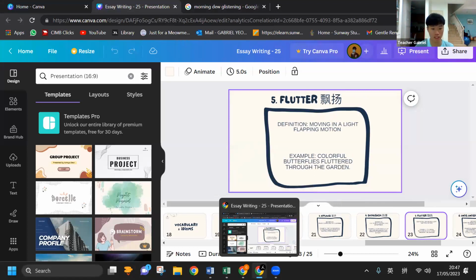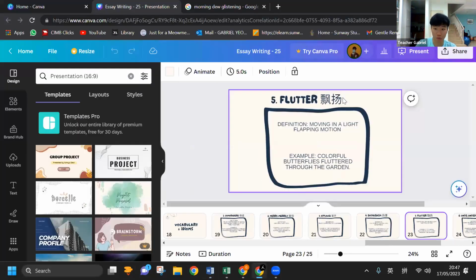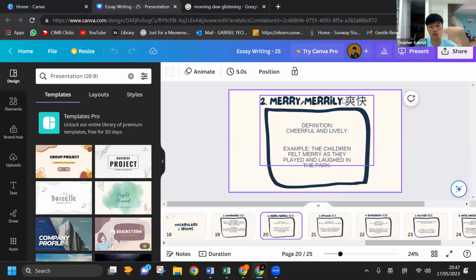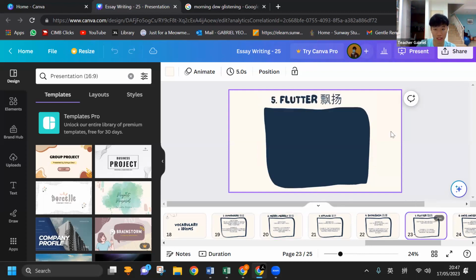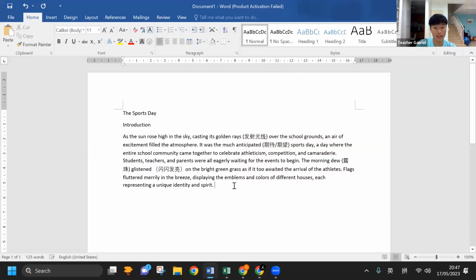Then merrily in the breeze 就是好像很爽快这样. Although 那个 flag 不是一个人, 不能感觉到很爽快, but when you see it you can see that it's very free, very cheerful. 很自由, 很爽快的在那边飘扬.